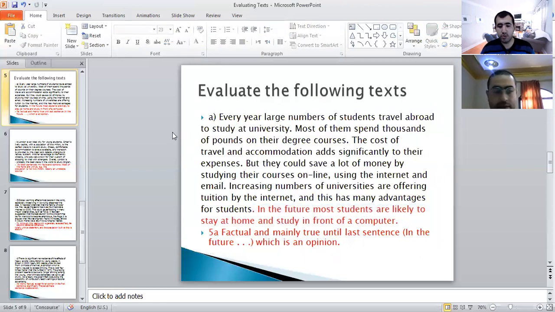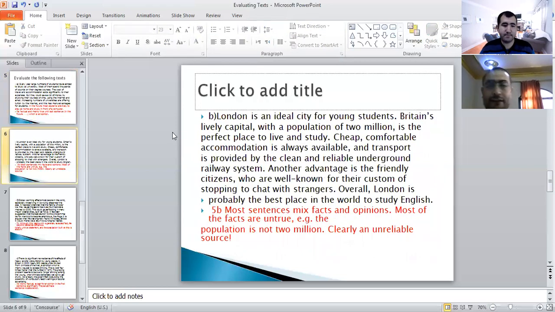Yes, that's great. Let's move to the next text, in order not to run out of time. London is an ideal city for young students. Britain's lively capital with a population of 2 million is the perfect place to live and study.